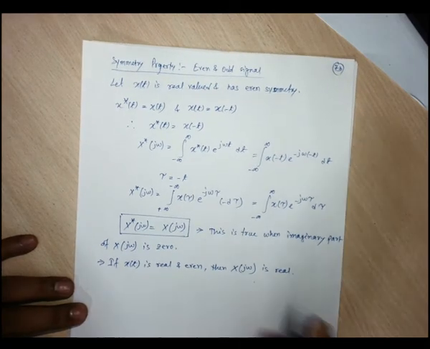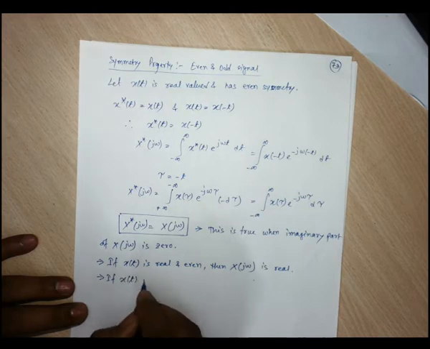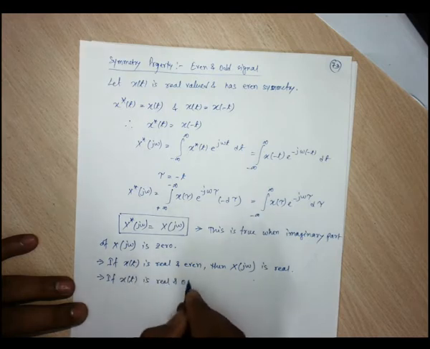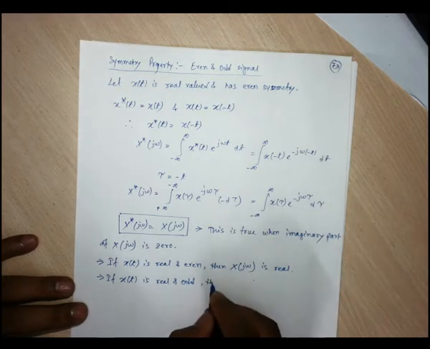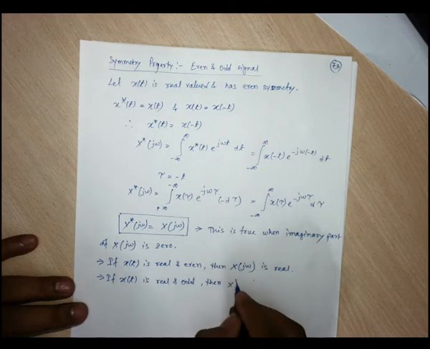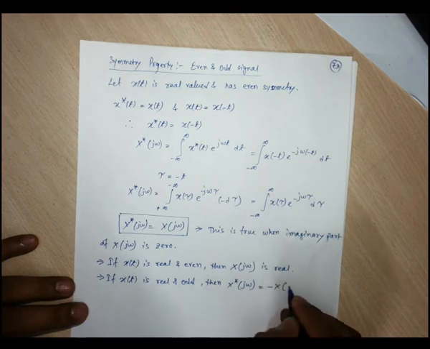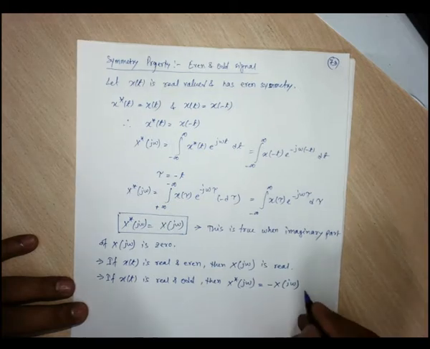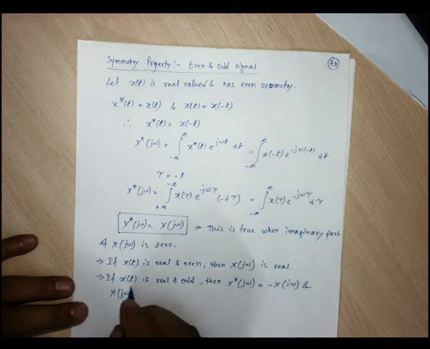Okay, similarly if x(t) is real and odd, then what will happen? The conjugate of x of j omega will become minus x of j omega, and x of j omega is imaginary.